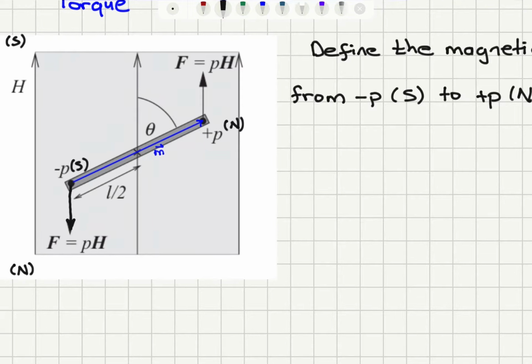So this is the force it feels, and the force it feels is equal to p times h, pointing downward. And similarly, this plus p will feel a force that is pointing upward towards the external south pole, where the magnetic field is pointing towards. So it will be attracted to that, so it feels a force upward as well.